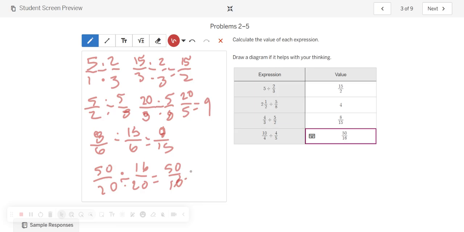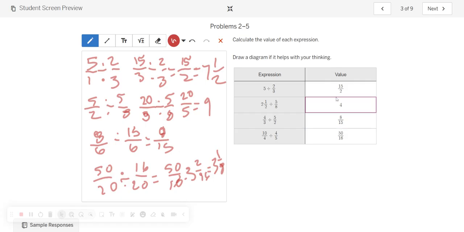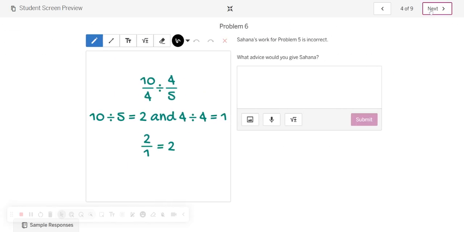I would have seen that, oh, that's the same as 3 and 2/16, which is the same as 3 and 1/8. Up here, I would have written 7.5. But writing a mixed number in Amplify isn't very easy. So just use it as an improper fraction. It's much easier. Just use that slash key.